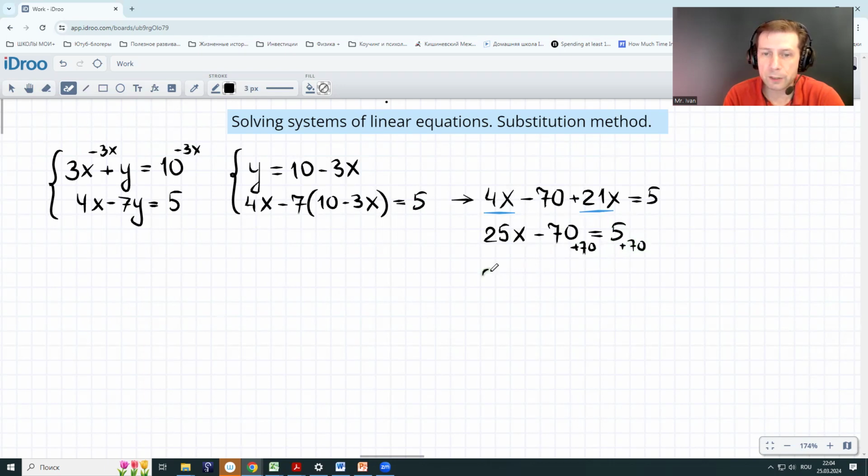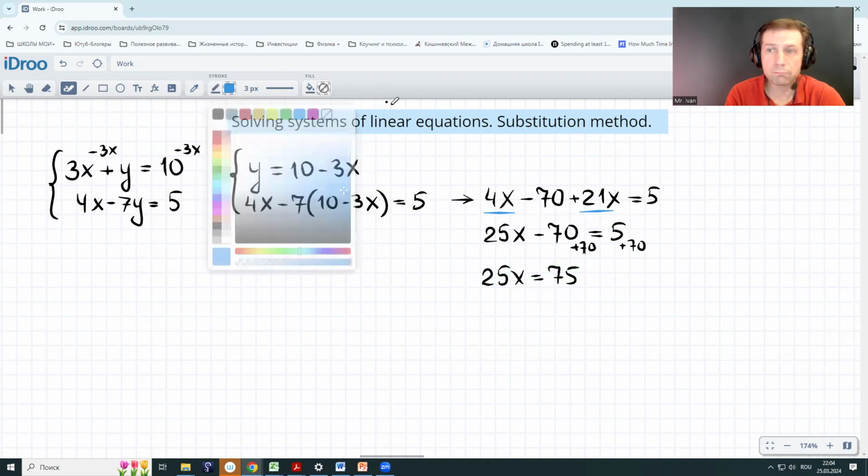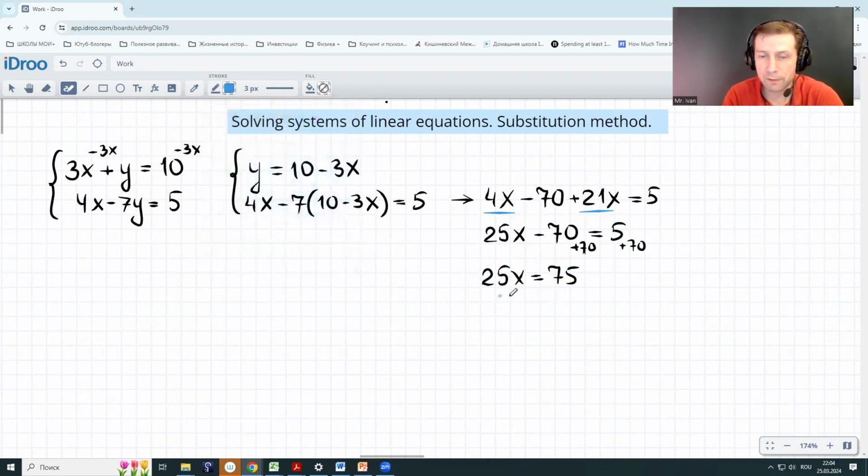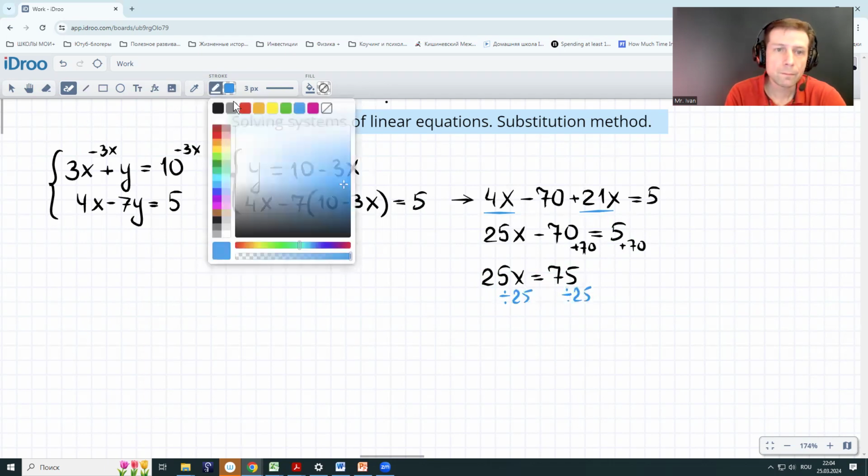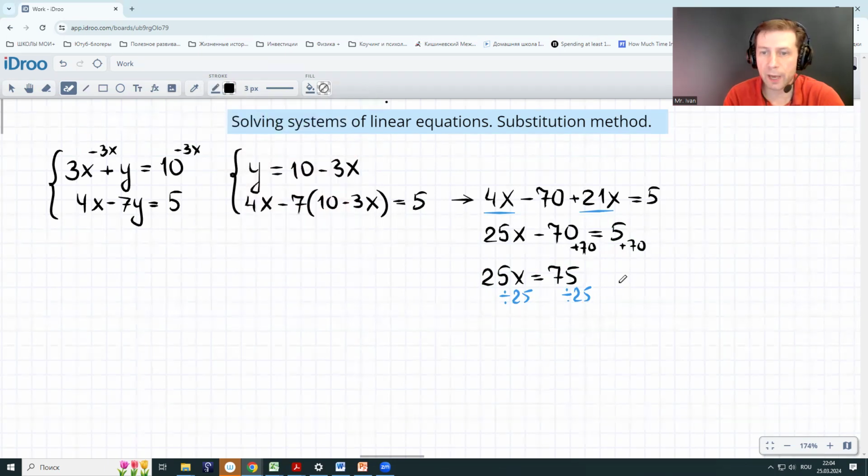And finally, we get 25x equals 75. Next step is just division. Let's divide by 25 both sides. And with that, we have x equals 3, obviously.